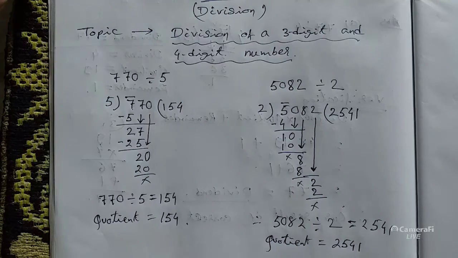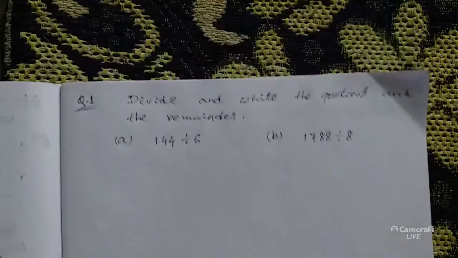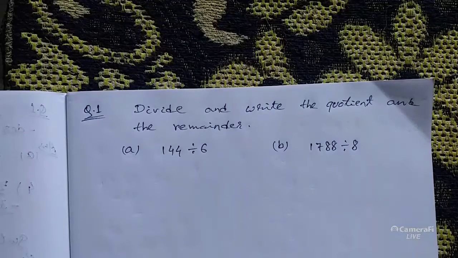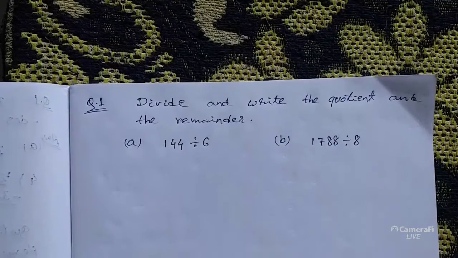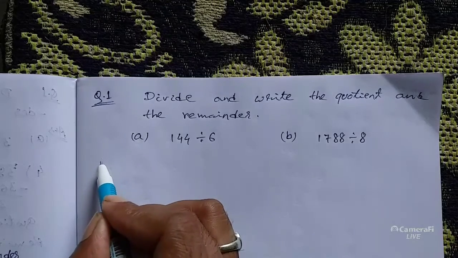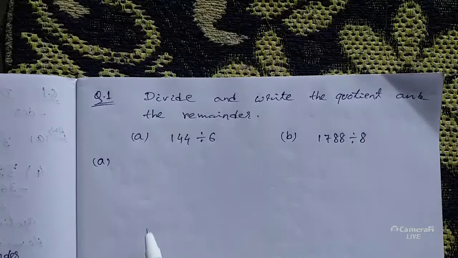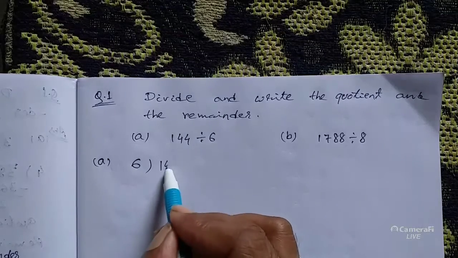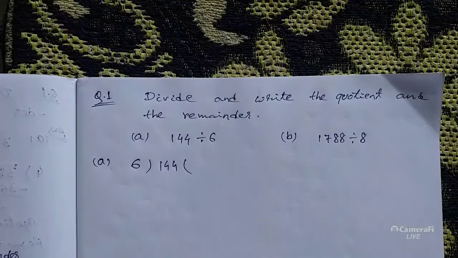Now let us come to some problems. Here is problem number 1. Divide and write the quotient and the remainder also. Let us find a number. So here is a 3-digit number. We have to divide by 6. Take 1 digit, but 1 is less than 6, so we cannot go with this 1 only.